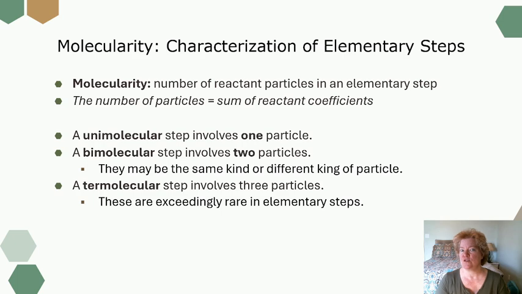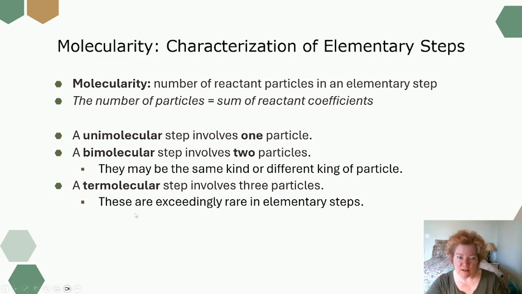A bimolecular step is fairly common, and that one involves 2 particles. They could be the same kind of particles, so it could be an oxygen and another oxygen, or it could be an HCl and an ICl, or H2 and an ICl. So it could be the same or different kinds of particles, but there's 2 of them that are interacting.